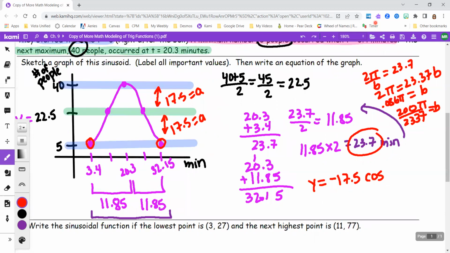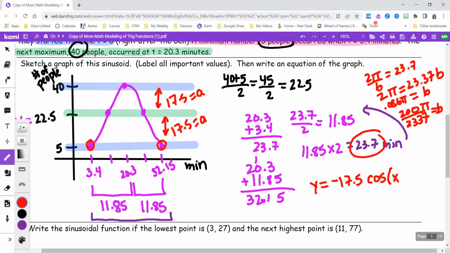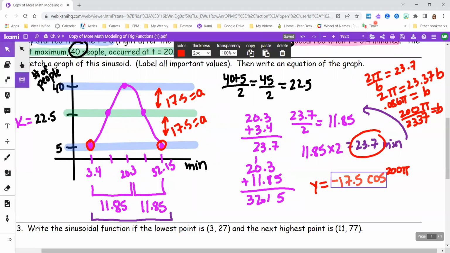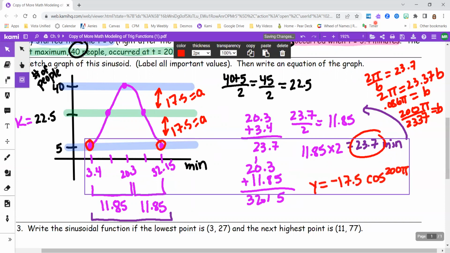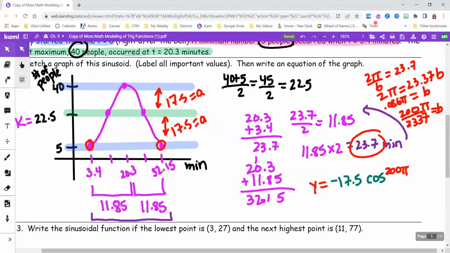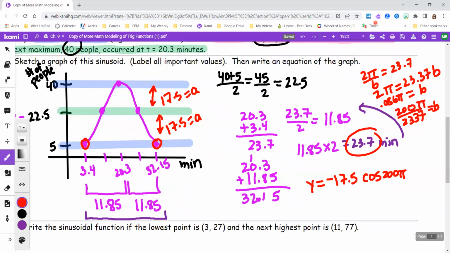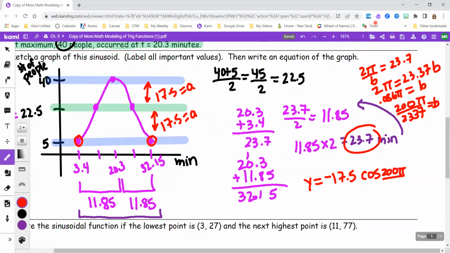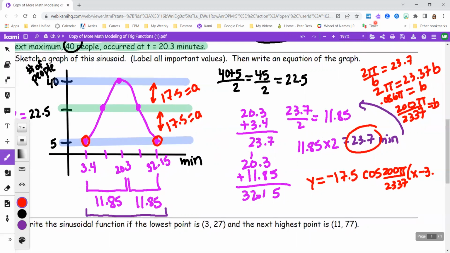And I am going to have, I need to put in my B, 200 pi over 237 times x minus my start, which is 3.4.